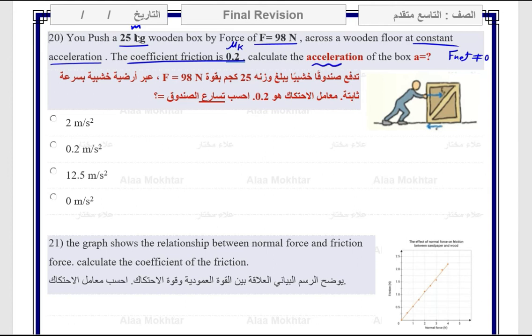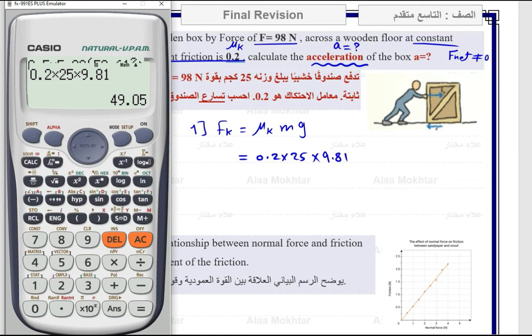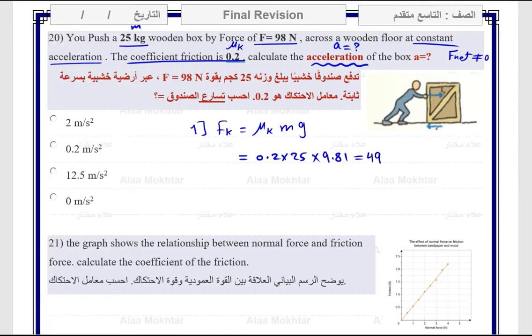Calculate the acceleration, A. The first step, I need to calculate Fk. It equals mu k mg, equal to 0.2 multiplied by 25 multiplied by 9.81, which equals 49 Newton. This is Fk.